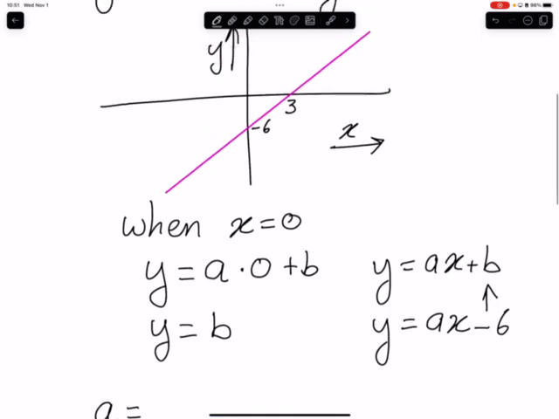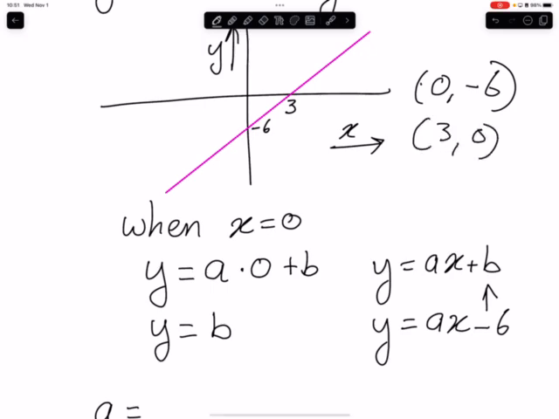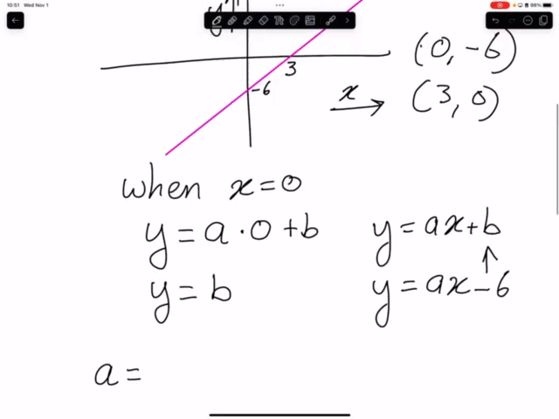One coordinate is (0, minus 6). That is here. Another one is (3, 0): 3 on the x-axis, and the y-axis is 0. Not in yours, in this one. So how do I find a?